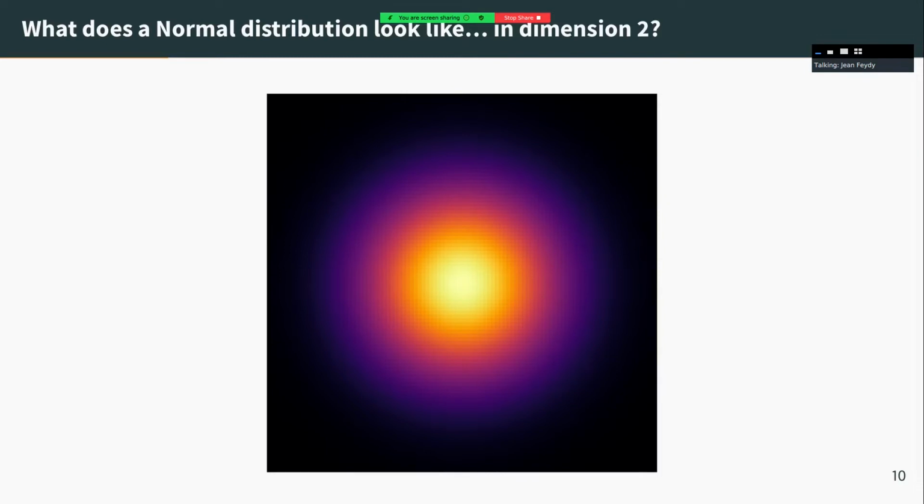But you can argue that this is not a 3D normal distribution. It's just a 2D normal distribution, because you had a 3D object and you projected it in 2D. Actually, the property of normal distributions is that if you project, by integrating your normal distribution from an n-dimensional space to a 2D plane, you just recover a 2D normal distribution. So this picture is highly misleading about the reality of normal distributions.